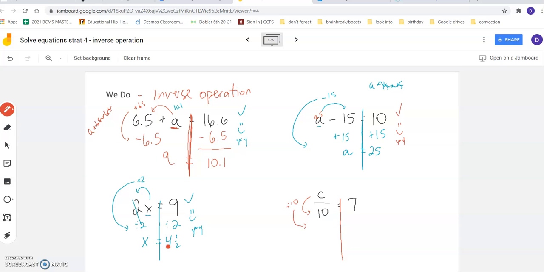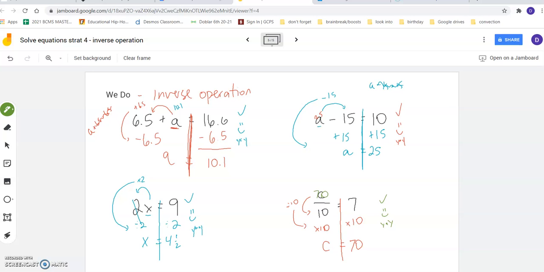The inverse of that is to multiply by 10, because c divided by 10 times 10, those undo each other, cancel out, and I'm just left with c. Times 10 on the other side as well, and c equals 70. Going back to double check, make sure I got it. If c was 70, then this would say 70 divided by 10 is 7, which it is.